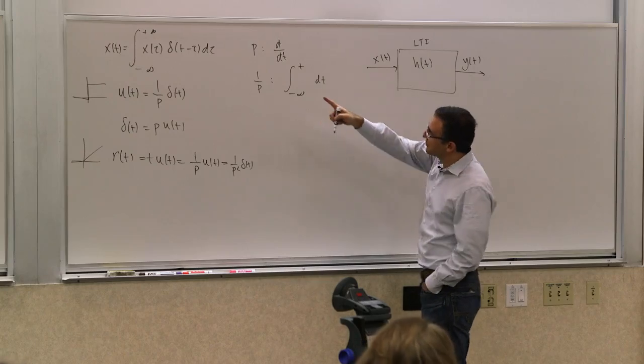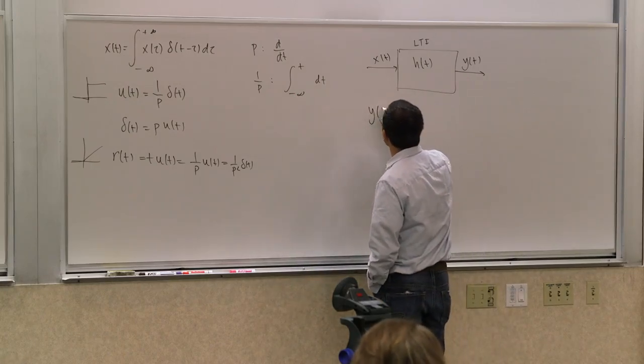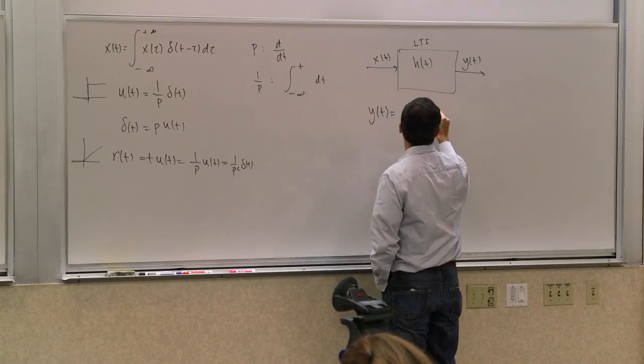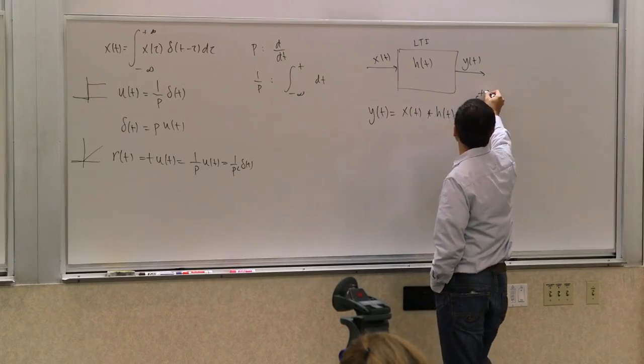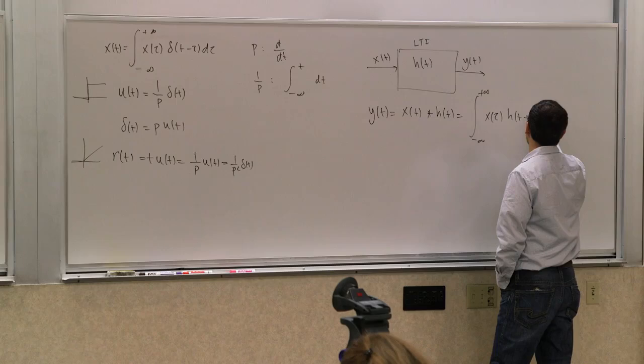The way we did that, we used that sifting property and applied the operation on it. And we saw that y of t, in fact, was x of t convolved with h of t, which is written as the integral from negative infinity to positive infinity of x of tau, h of t minus tau, d tau.